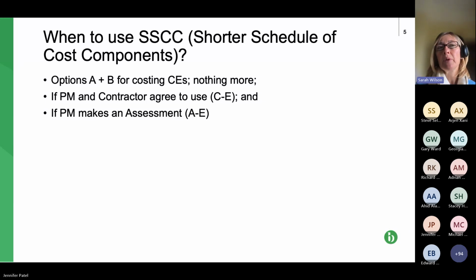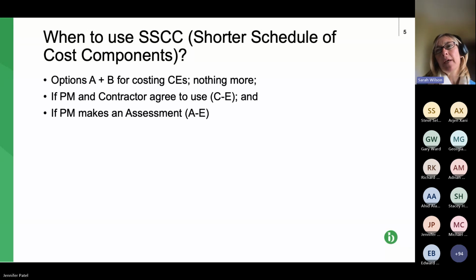So the second bullet point applies the shorter schedule if the project manager and contractor agree to use the shorter schedule to calculate the monthly interim payment application costs for contract C to E. Personally, I've never seen that happen.